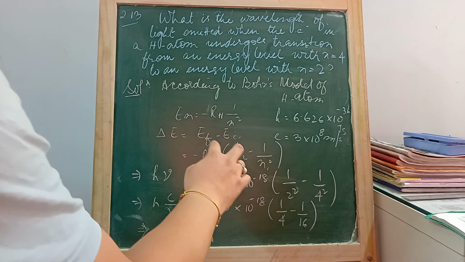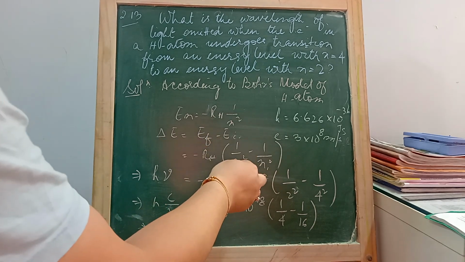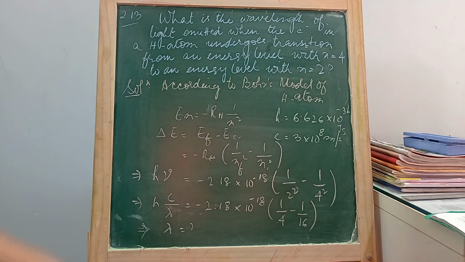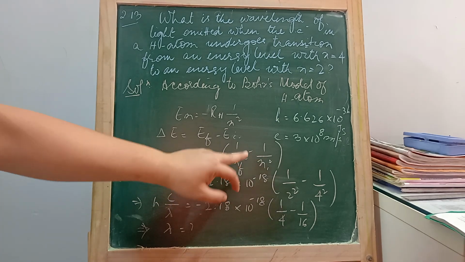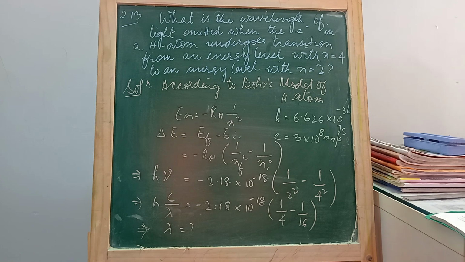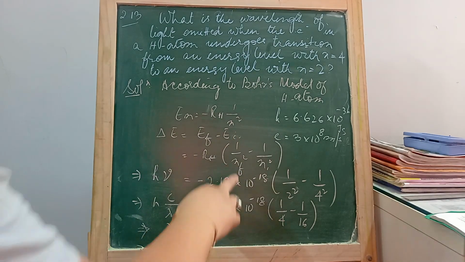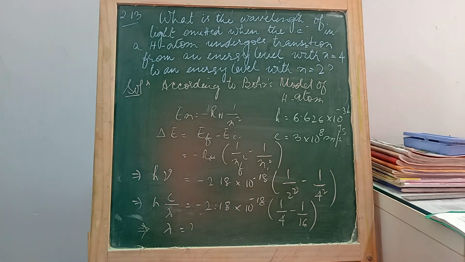In those two terms RH is common, so you take out RH. What is left is 1 by nf square minus 1 by ni square, the square of the final shell and the square of the initial shell. Here the value of ni is 4 and nf is 2, so 1 by 2 square minus 1 by 4 square, that is 1 by 16.